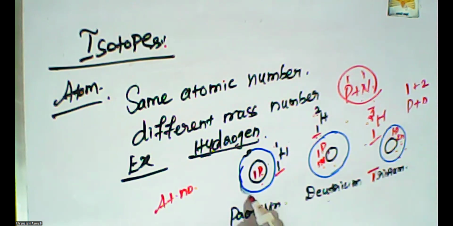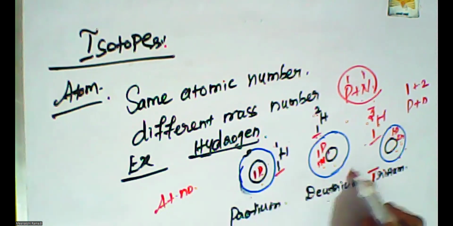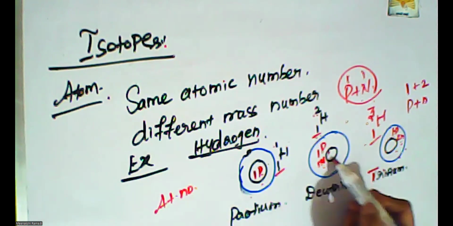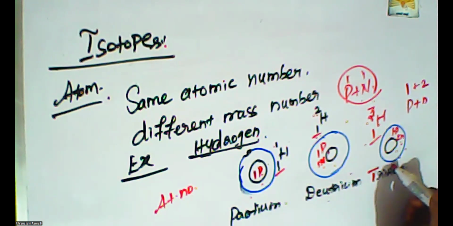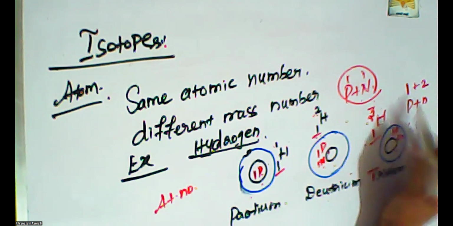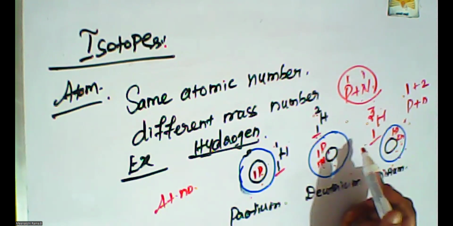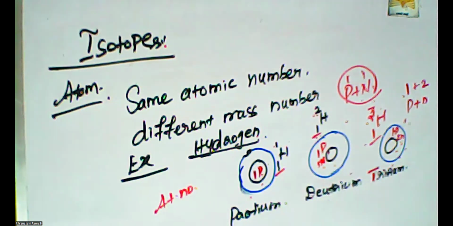Protium contains no neutron, deuterium has 1 neutron, and tritium has 2 neutrons. So the mass numbers are changed in these 3.